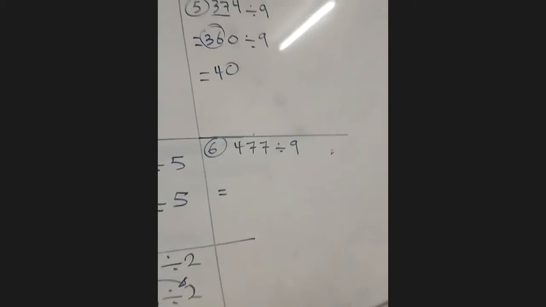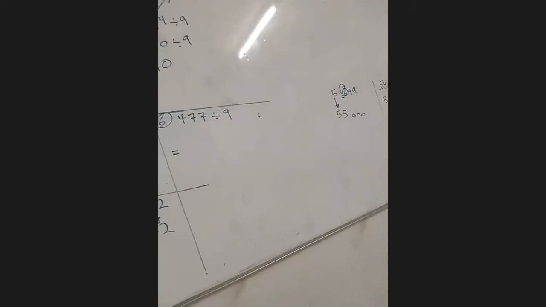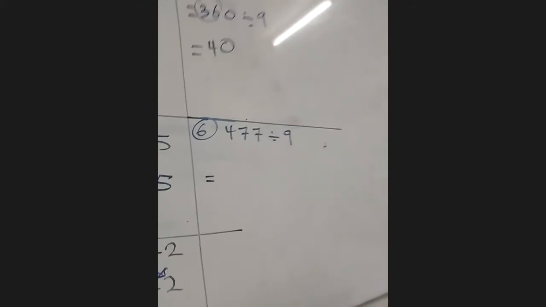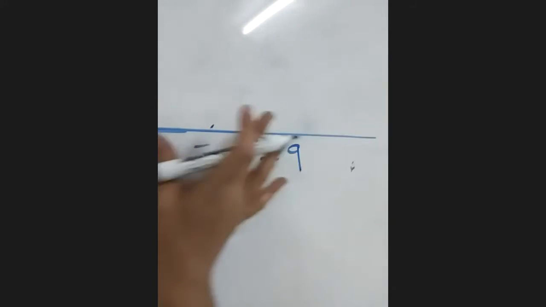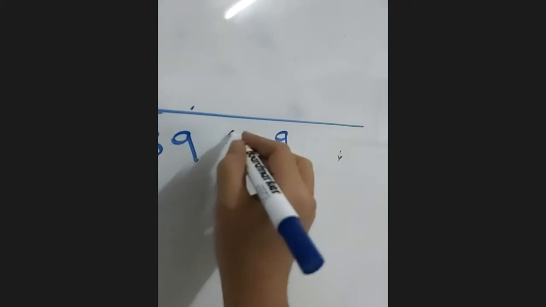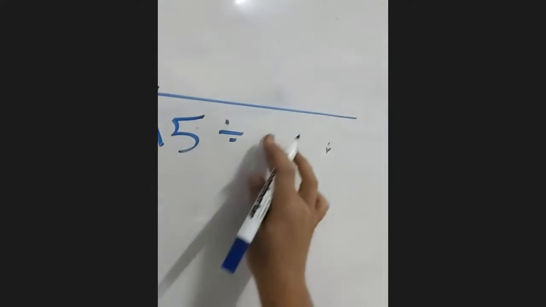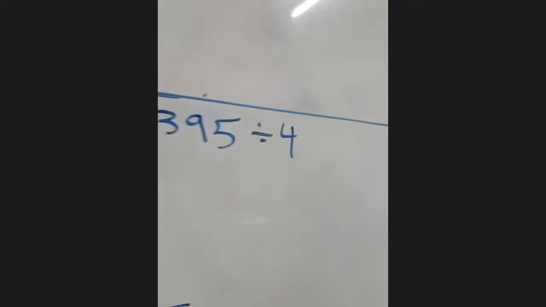Sorry guys, question 6 we have 395 divided by 4. I'm sorry. 395 divided by 4. This is question 6.